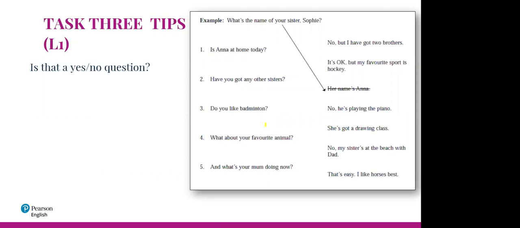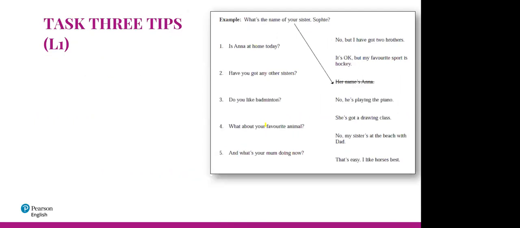This is working with questions. This task 3 works with questions. So the most basic thing that we have to teach is differentiating between 2 different kinds of questions. Is that a yes/no question, or is that a WH, open question? Obviously, if this is a yes/no question, very often the answer would be simply yes or no and some continuation. Yes/no are never the answers to WH, to open questions.